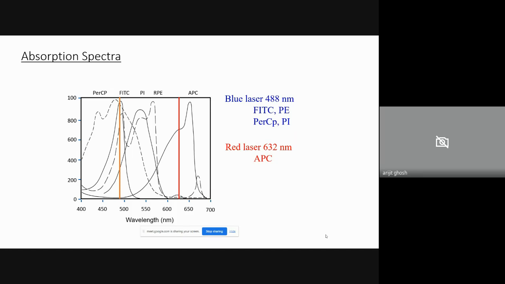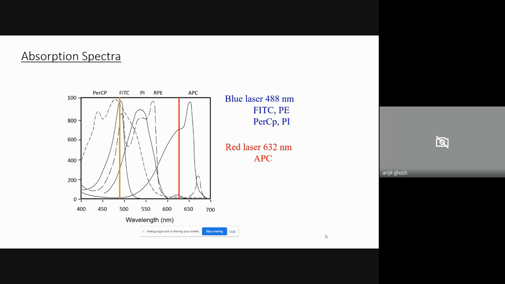Now FITC gets excited by a 488 nanometer laser or blue laser, and it gives emission at 515 to 530 nanometer. And another fluorochrome, which is APC, gets excited with the red laser at 632 nanometer and gives emission at around 660 nanometer.